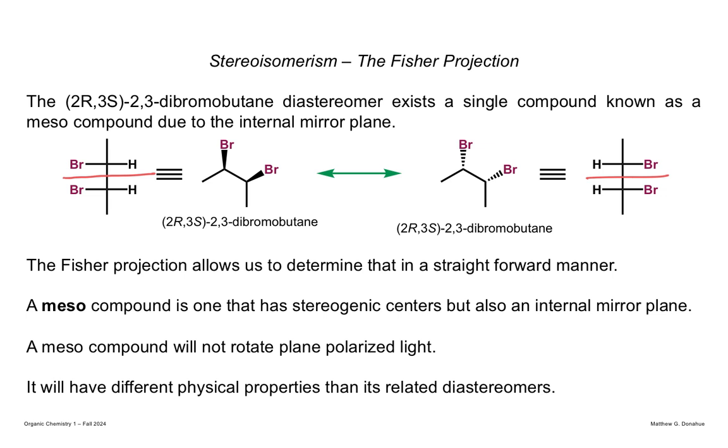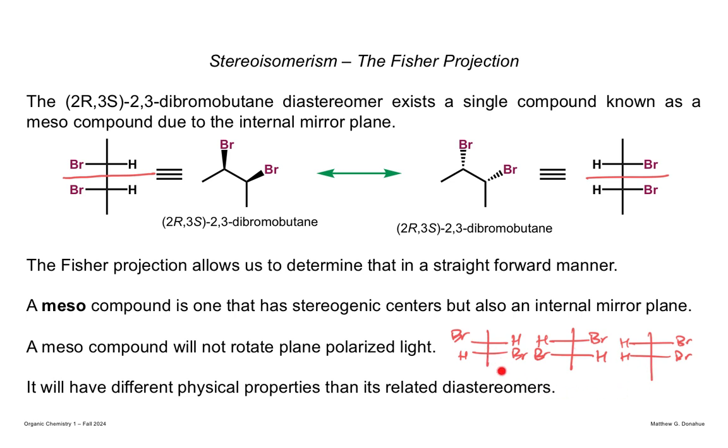So the Fischer projection, again, if you were drawing these out, so if you had all three of them lined up like that, you could then easily tell, okay, these first two have to be enantiomers because they're mirror images.